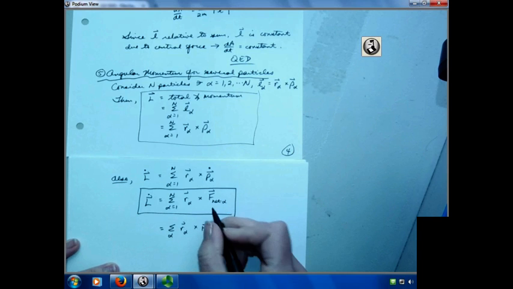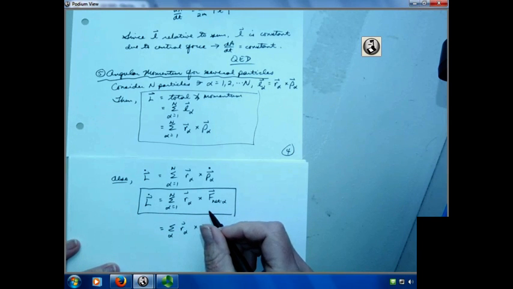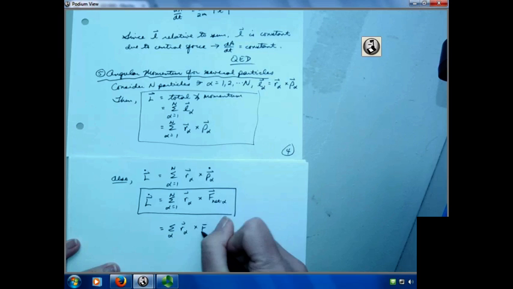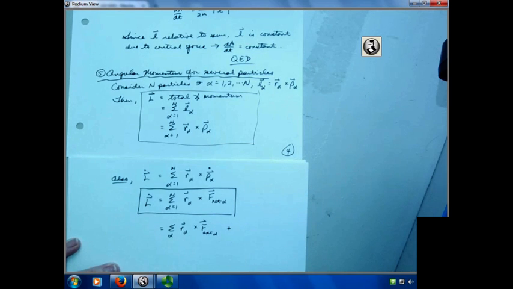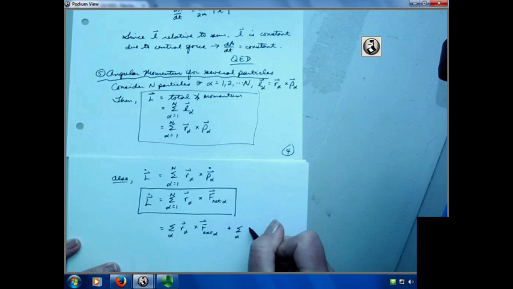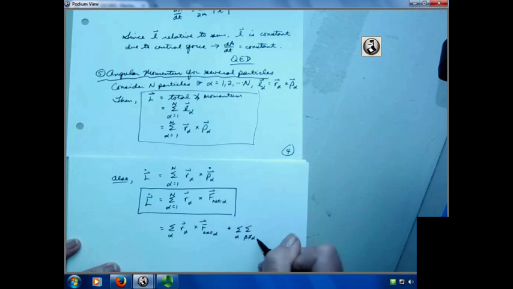And just to be clear, I'm not going to put a net, although it should be external on alpha. All right, plus my sum over alpha, that's my sum over beta, which is not equal to alpha. It's the sum over all particles except for alpha.